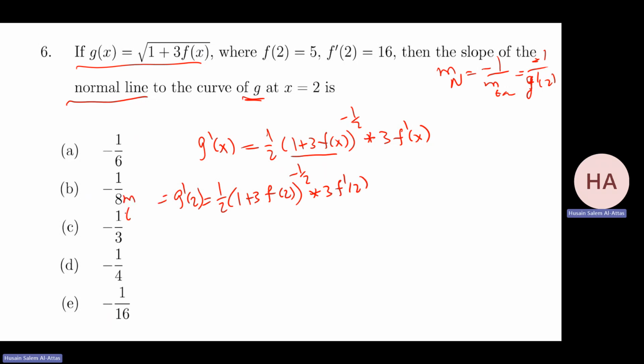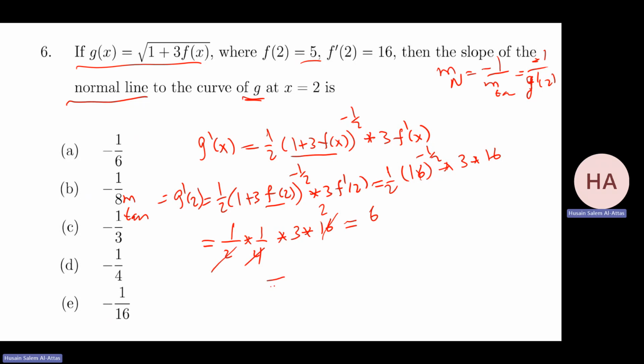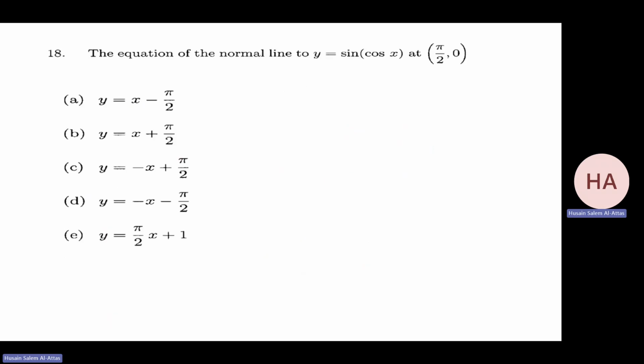This is the slope of the tangent. F at 2 is 5, so this is 16 to the power minus half, times f prime times 3 times 16. So that will be 1 over 2, times 1 over 4, times 3 times 16. The 2 cancels, 6. So the slope of the normal is minus 1 over 6.